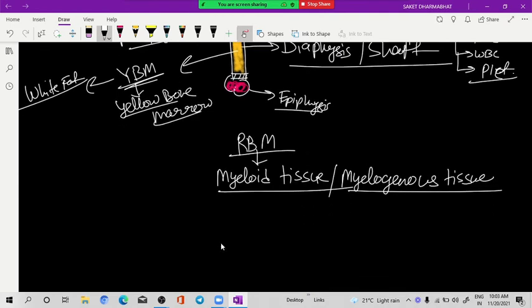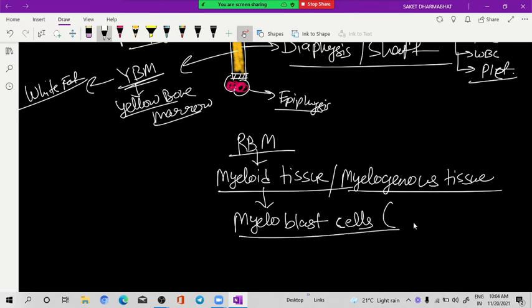Clear or not? Okay, so it consists of cells. You know that tissues are made up of cells. The name of that cell is called myeloblast cell. Myeloblast cells are also called stem cells.